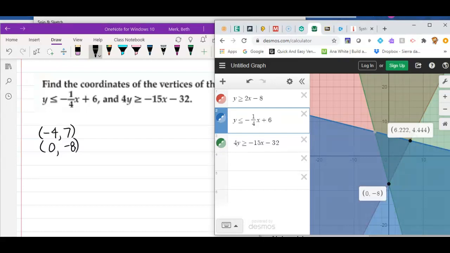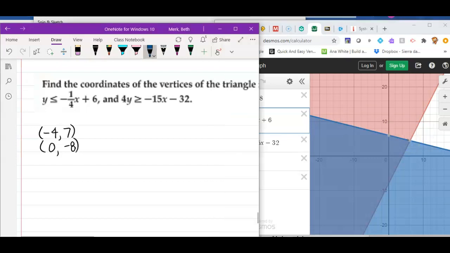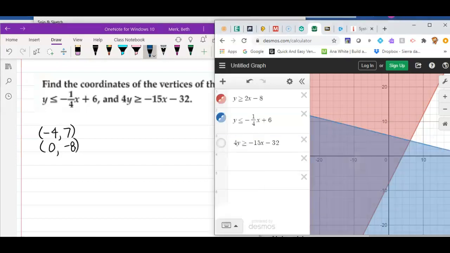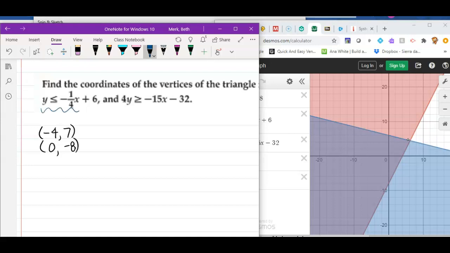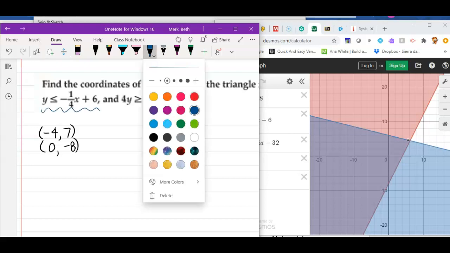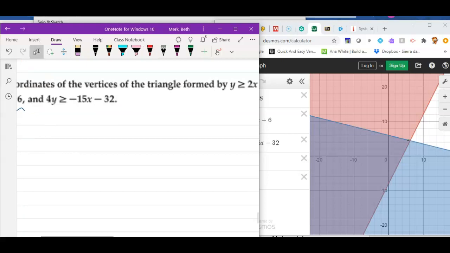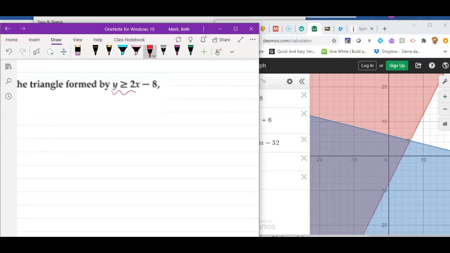But the third point, 6.22 and 4.44. But notice, that is the intersection of the red and the blue inequality. So our blue inequality is right here. And our red inequality, according to our Desmos graph, is the first one.